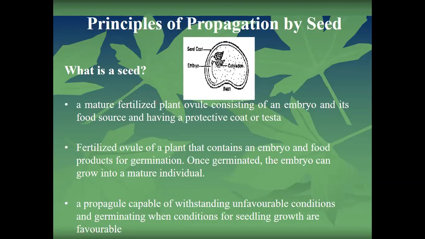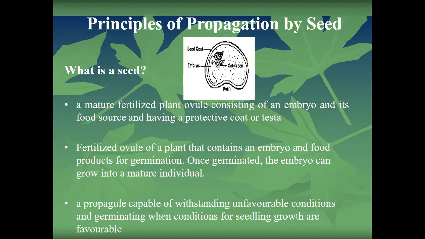Right, so let's get back to some basics on what a seed is. Again, you may be familiar with this slide because I showed it in year 2. Just to recap, what is a seed? A seed is a mature fertilized plant ovule consisting of an embryo and its food source and having a protective coat or testa. It could also be defined as a fertilized ovule of a plant that contains an embryo and food products for germination.